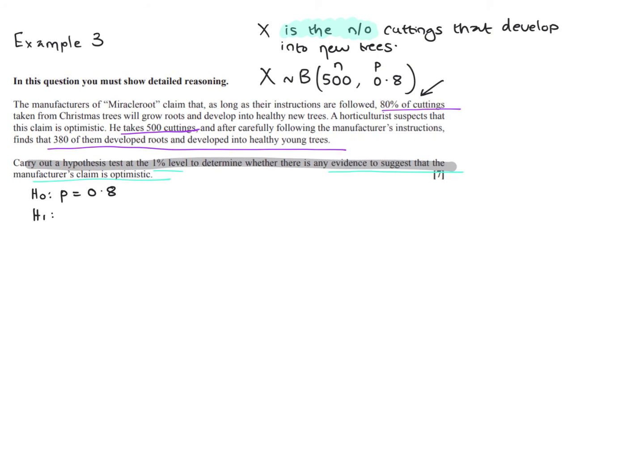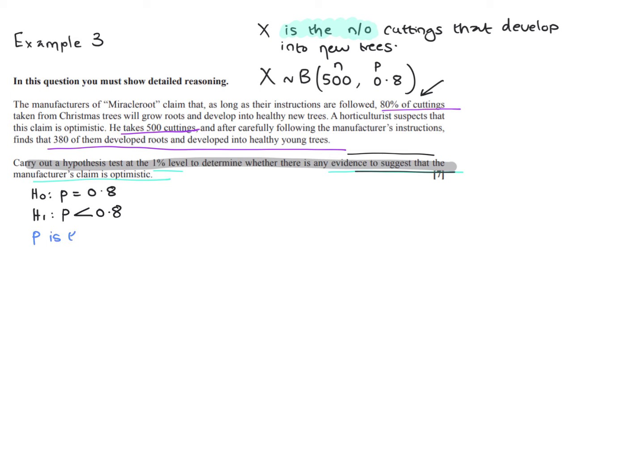We're trying to find out whether there's evidence to suggest that the manufacturer's claim is optimistic. So the manufacturer thinks 80%, the horticulturist thinks that's optimistic, so the horticulturist thinks that the proportion of cuttings that develop into new trees is less than 80% or a probability smaller than 0.8. We must define P, we absolutely must.